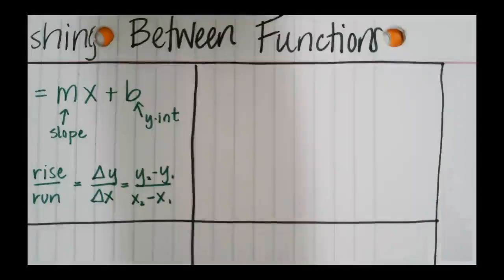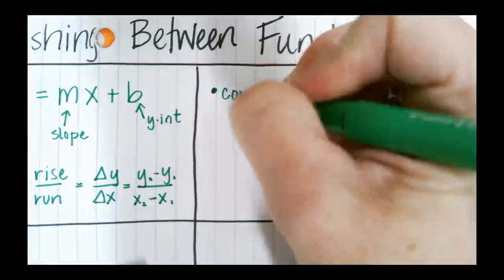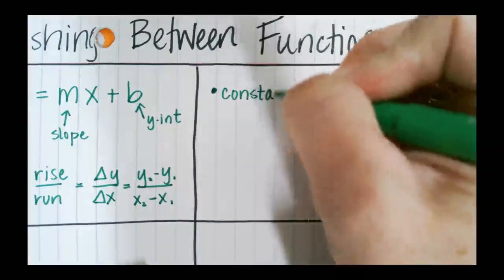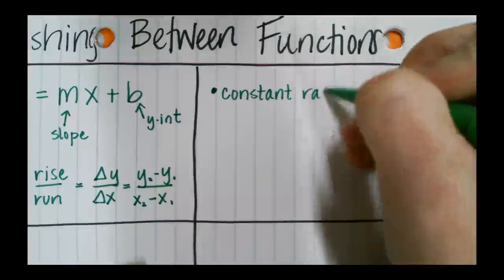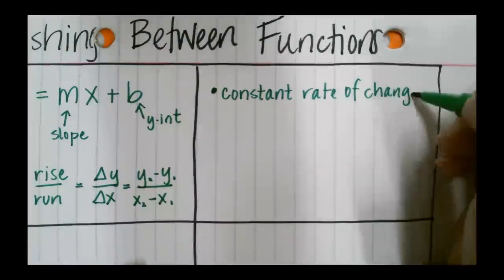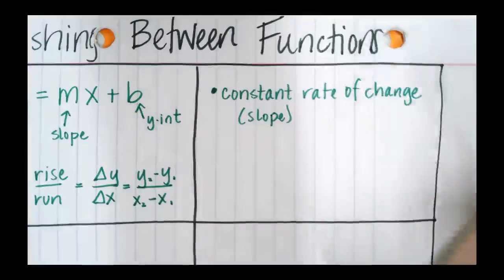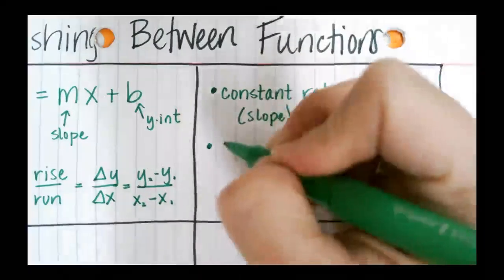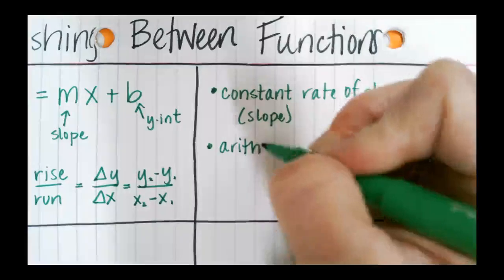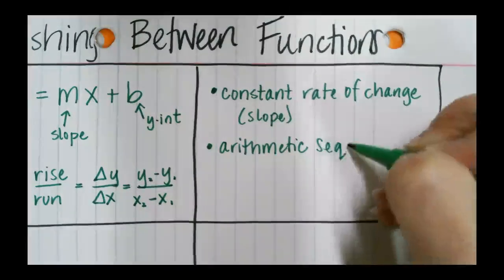Now, what's unique about linear functions? It's the only function that we've studied that has a constant rate of change, and that's what your slope is. This year, we added on that an arithmetic sequence is a linear function.